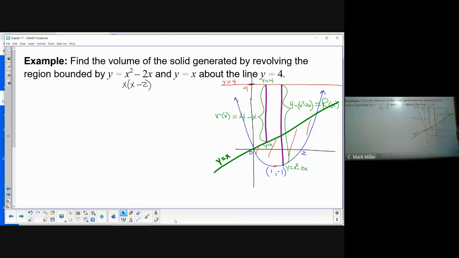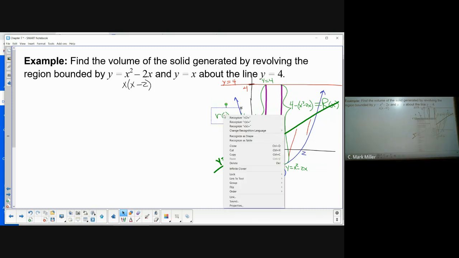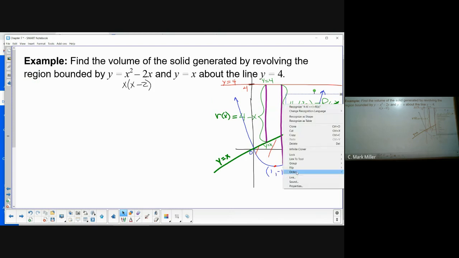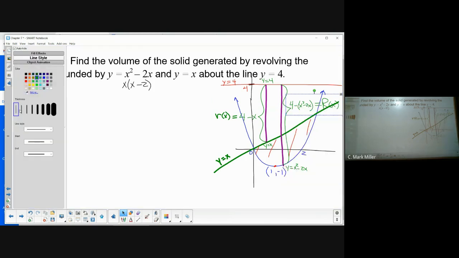So to highlight the important parts, that is little r of x, and that is big R of x.